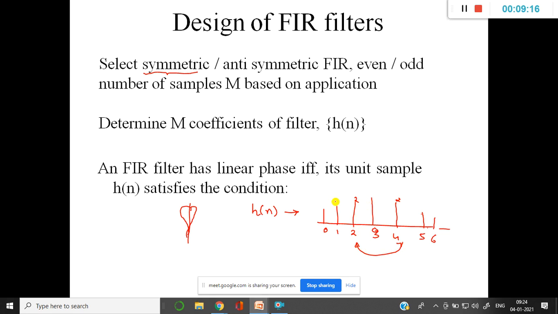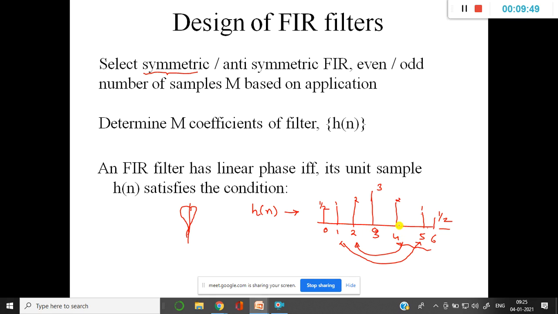Let me assume this is 2 and this is 2, this is 1 and this is 1, this is 1 by 2 and this is 1 by 2, and this is 3. If we observe 1 and 5, again the values match. When you overlap the samples 4 5 6 over 0 1 2, the overlap will give you symmetry in nature. Hence it is called a symmetric impulse response.